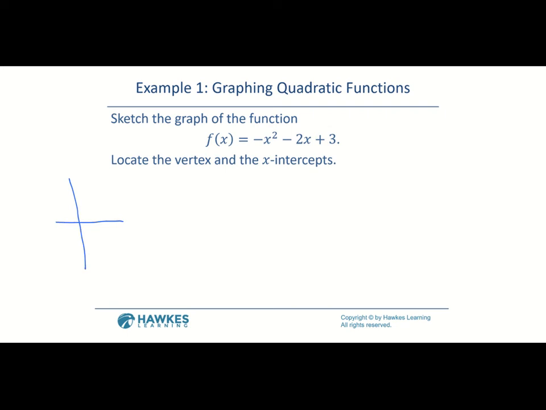Remember, the a value tells us if it opens up or down. Here a is -1, so because it's negative, my parabola, wherever the vertex is, is going to open down. I don't know where the vertex or the x-intercepts are, but we are going to find that.